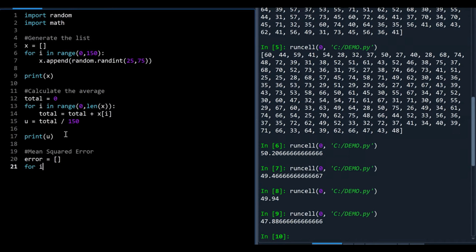So I need to go through each value in my original list, the 150 values, and for each one I'm going to append the difference between my x value and my average, and I'm going to square it.